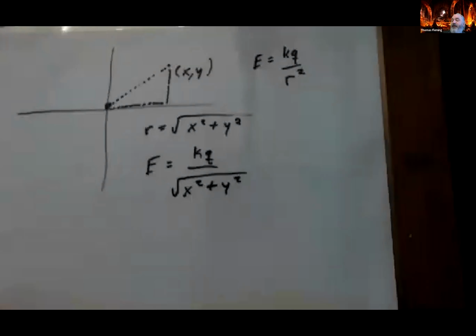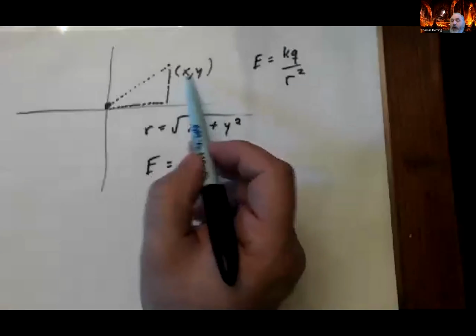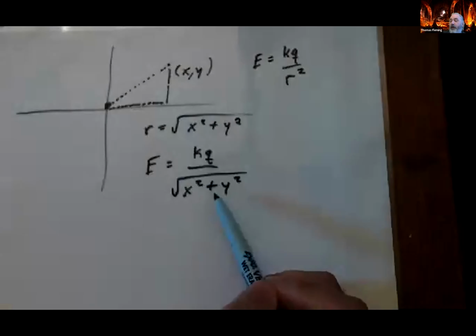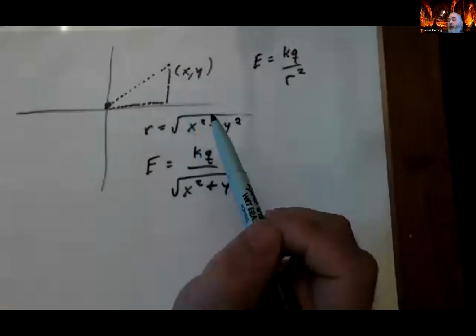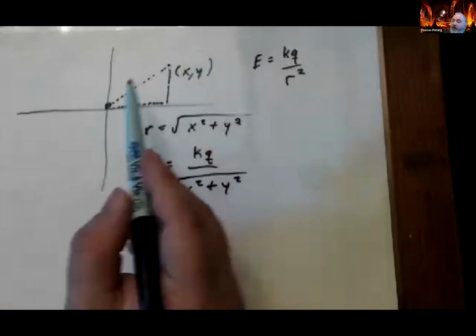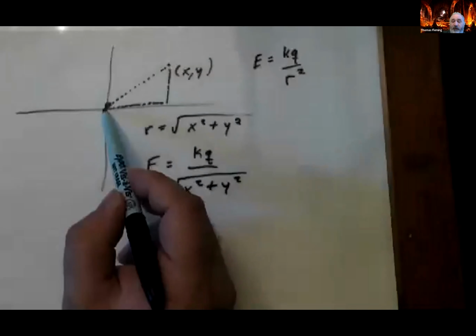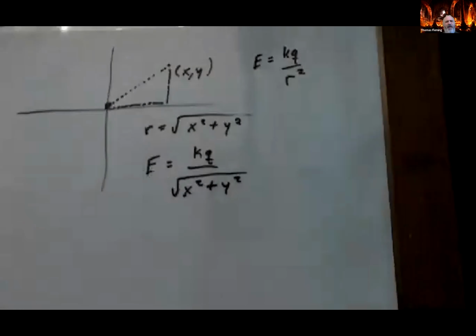If I could pick any value for x and y, this works. But what would happen if I chose to measure the electric field at x equals 0, y equals 0? Well, that would be like me putting it directly on top of my point charge. And if that happens, I'd be dividing by 0. It would blow up and give me infinity.